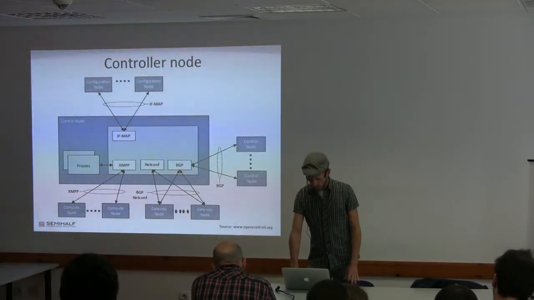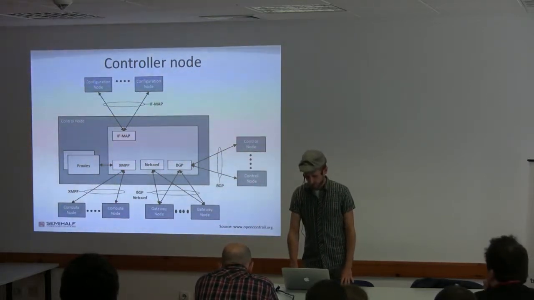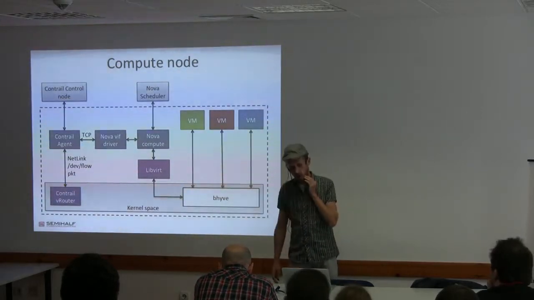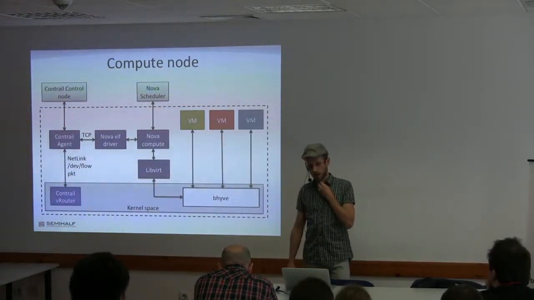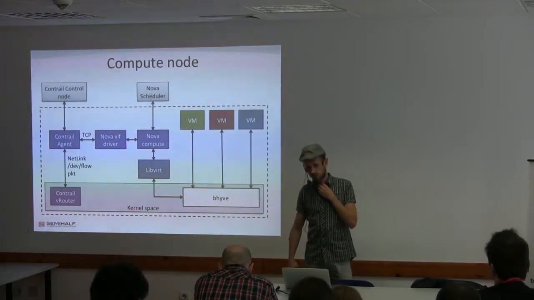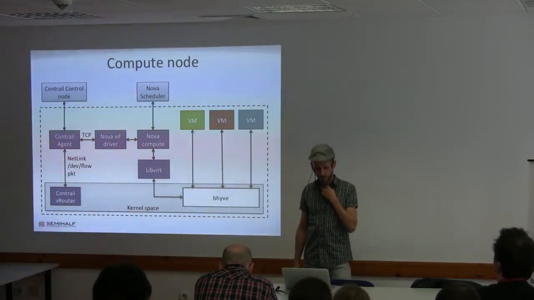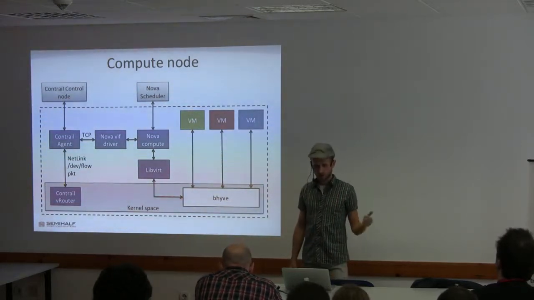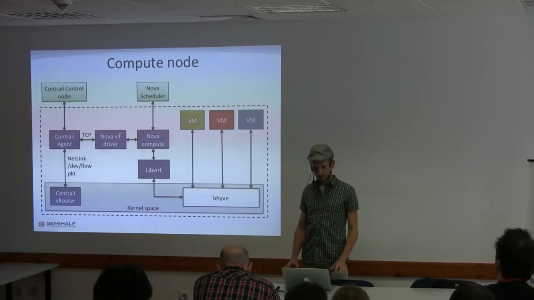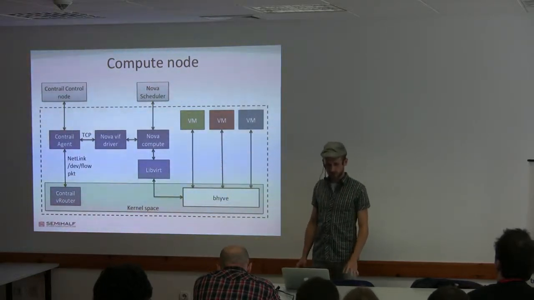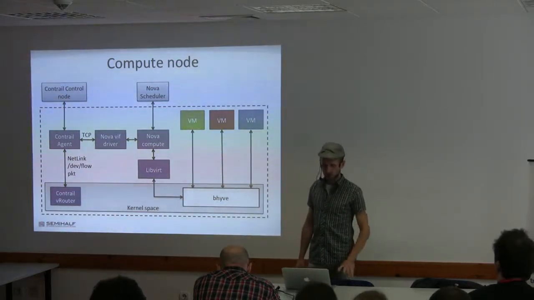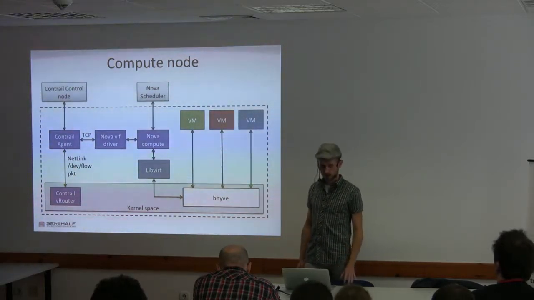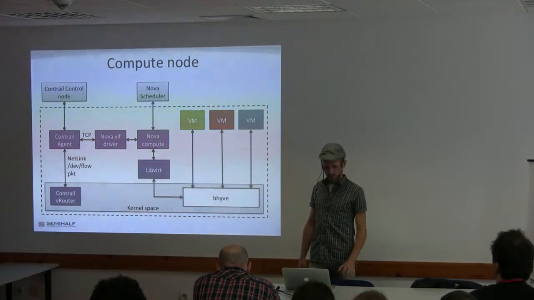But now we come to the most important node, which is the compute node, and which actually requires some work when we try to use it on the FreeBSD platform. This is a similar picture to the one I presented when I was talking about the OpenStack compute node. It's almost the same. We have Nova Compute, we have libvirt, and we have bhyve and VMs. So this hasn't changed. But now we have some new components.